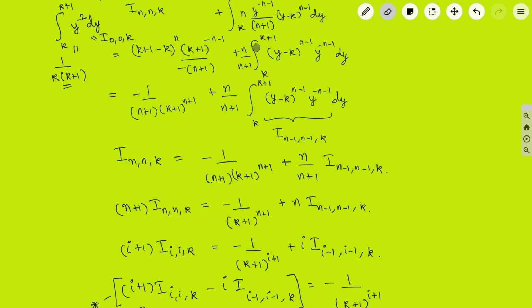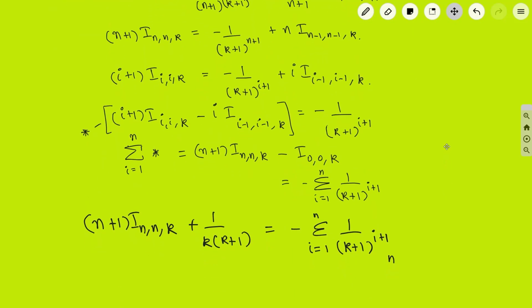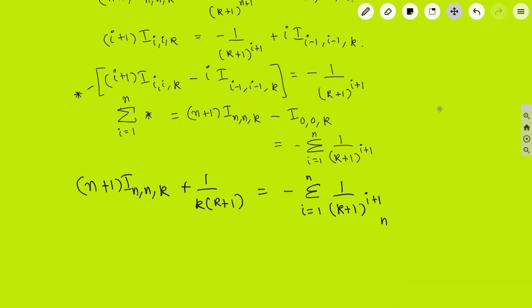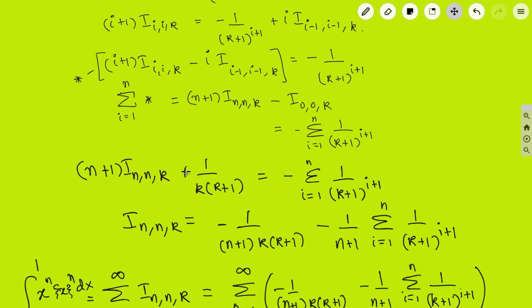So when you scroll down, this should be a minus sign here, right? So let me change that to a minus sign, and when you take it to the right hand side, it should be a plus here.